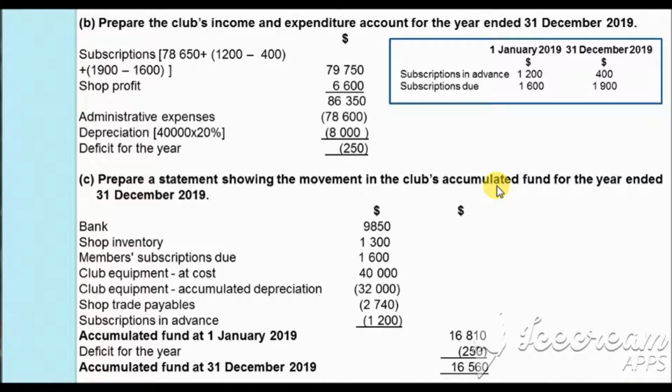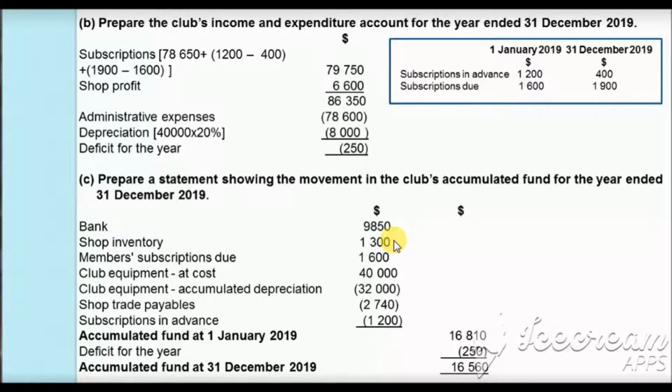Here we will start with the accumulated fund on 1st January 2019. So all the balances which we mention first will be the balances on 1st January 2019. We will start with the bank balance on 1st January 2019, which is $9,850.